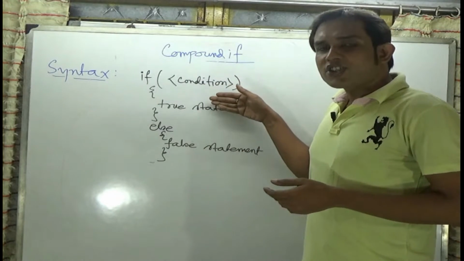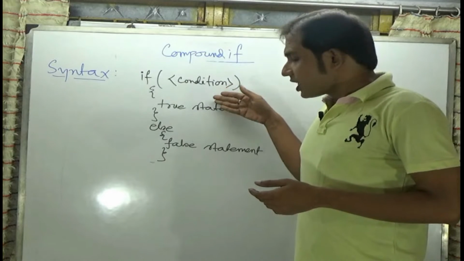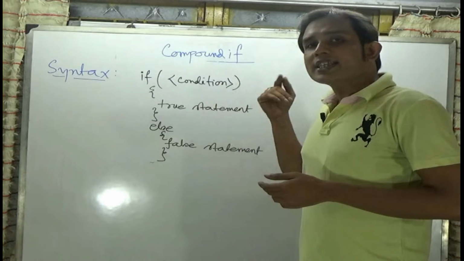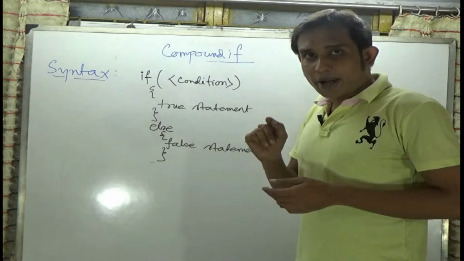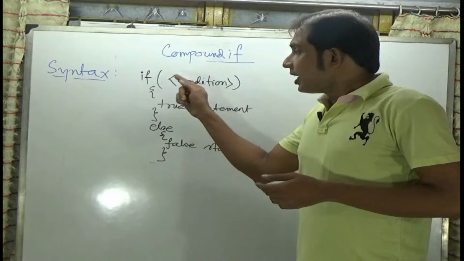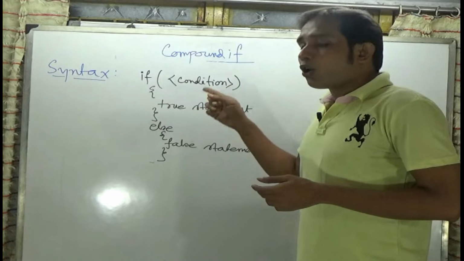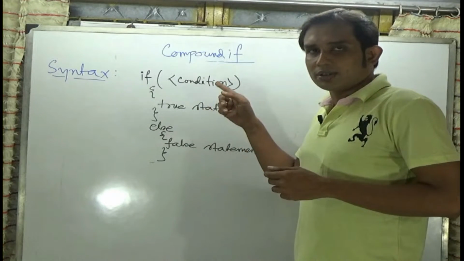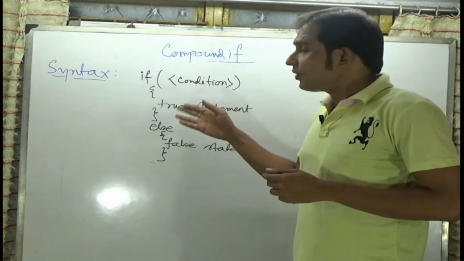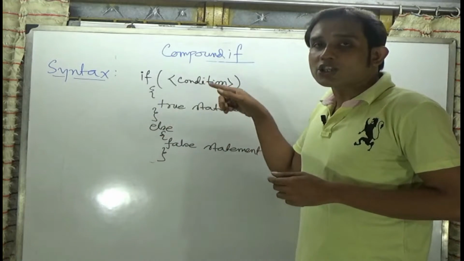Suppose the if statement block contains only a single line, then the opening and closing braces are not mandatory. It means you can remove these braces, and you can write this if else or compound if without using these braces in the case of the if.